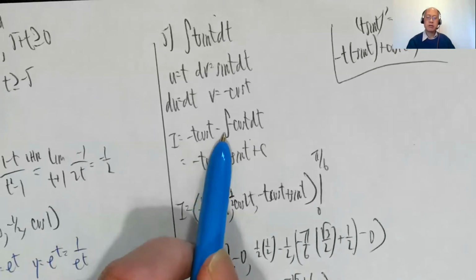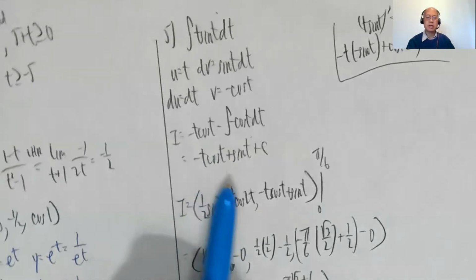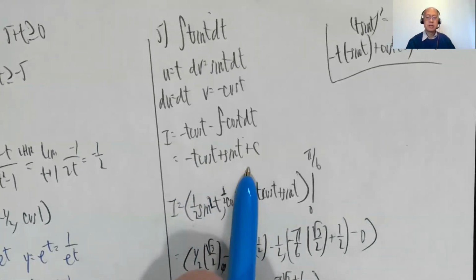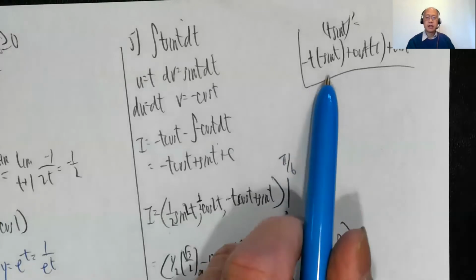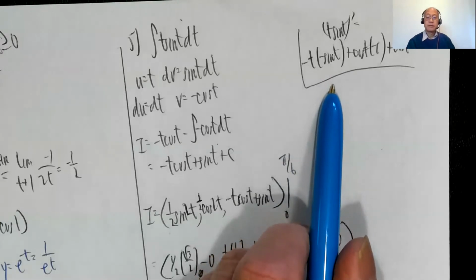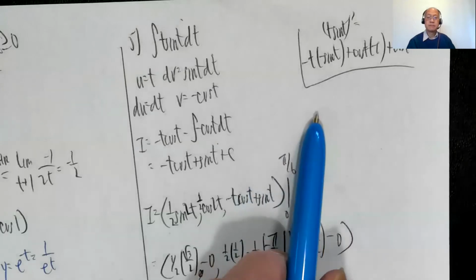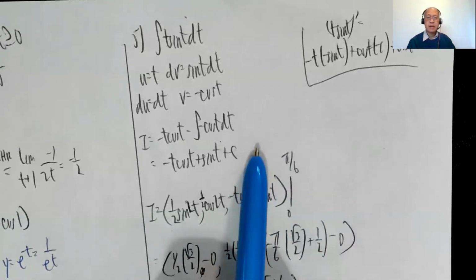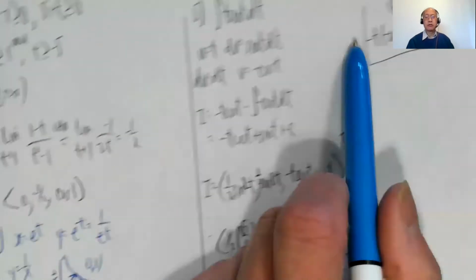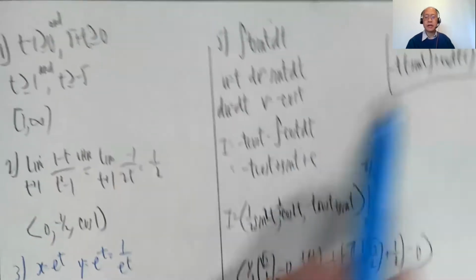So you're basically integrating cosine, which is sine. So negative t cosine t plus sine t plus c. And a quick double check to see if that's correct. Well, maybe I shouldn't go over that. If you double check that, it ends up working.